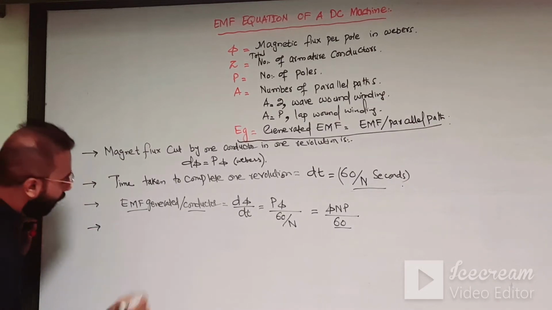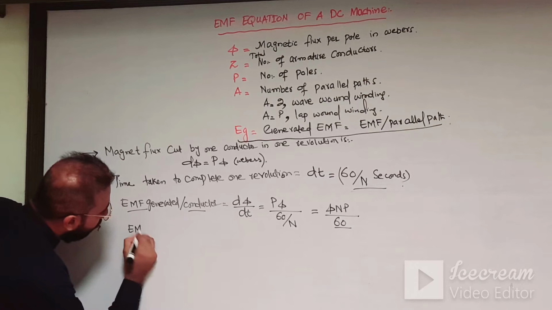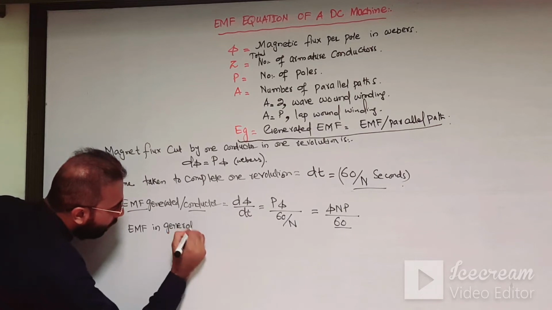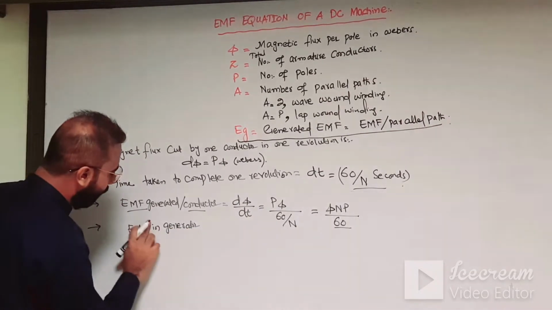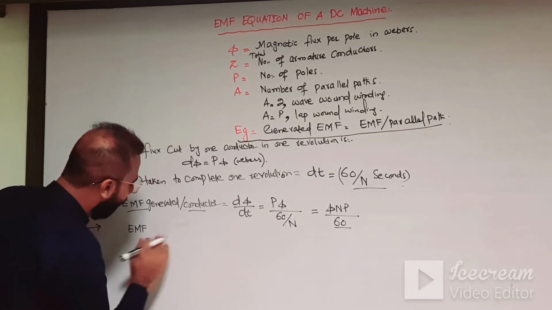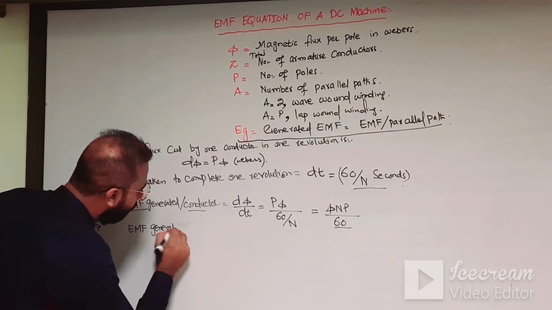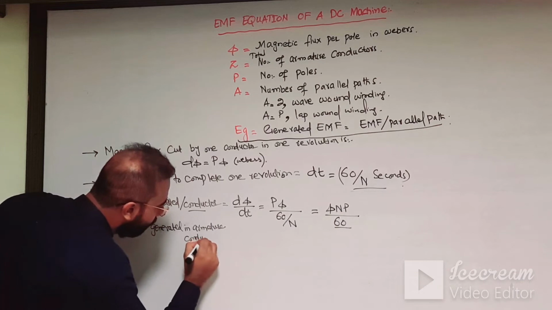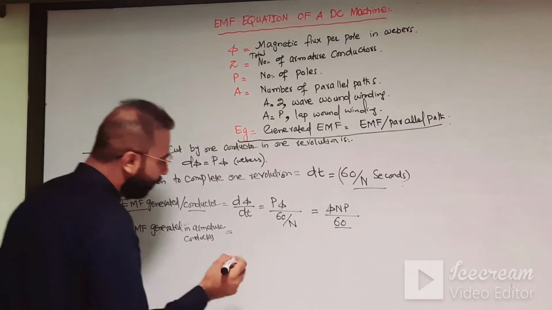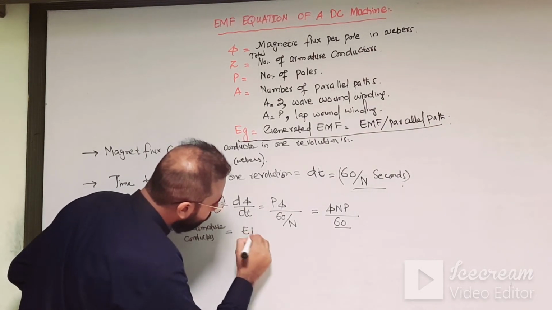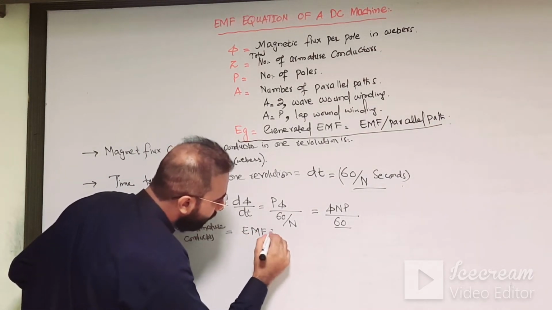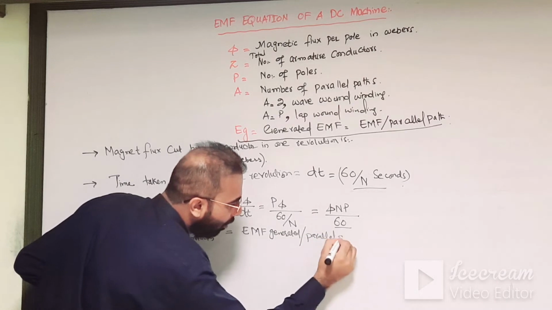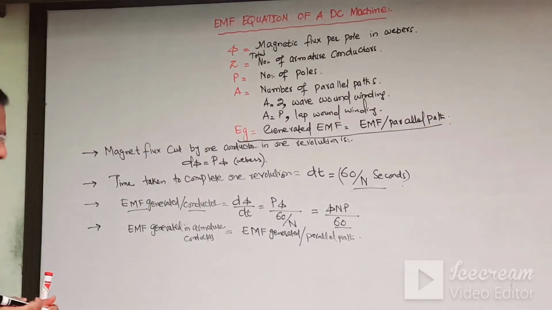Now the EMF generated in the armature conductors in the generator is equal to the EMF generated per parallel path.